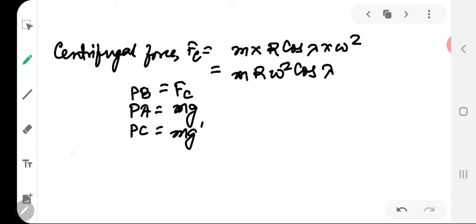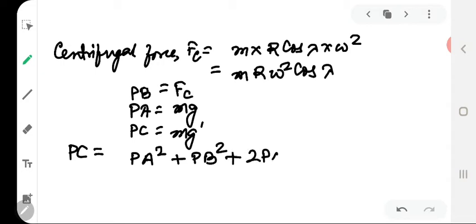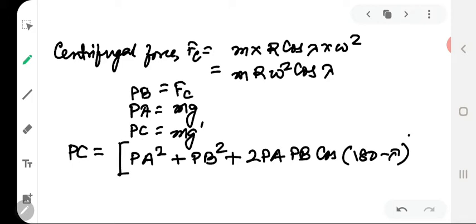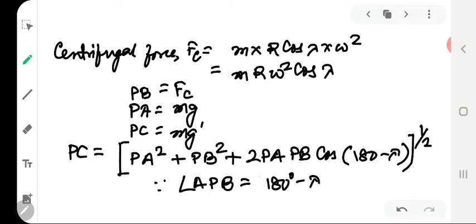So we can write down PC to be equal to PA square plus PB square plus 2 PA PB into cos of 180 minus lambda, and this raised to the power 1 by 2. This is from parallelogram law of vector addition. Now in this case, angle APB, which is the angle between the two vectors PA and PB, is 180 degree minus lambda. So now we have to do the necessary calculations.